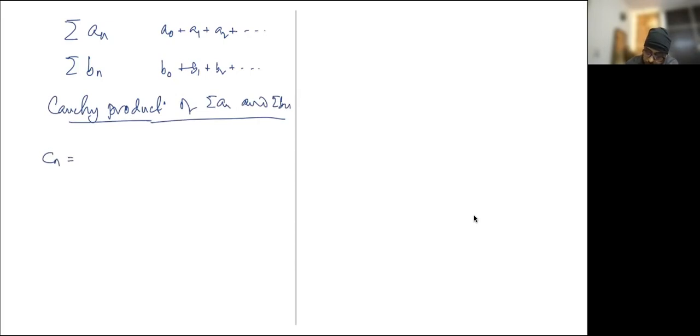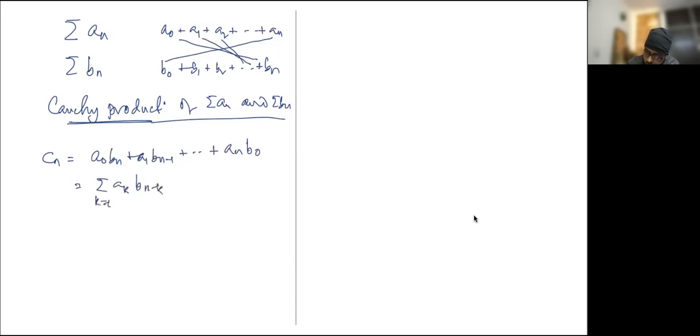Cn is not an times bn. This product is slightly different. The nth term is going to be the product of these two, these two, these two, and so on, and finally the product of these two, that is a0 bn plus a1 bn minus 1, and so on, going all the way up to an, and with an will come b0, which is the sum of ak bn minus k, k equal to 0 to n.